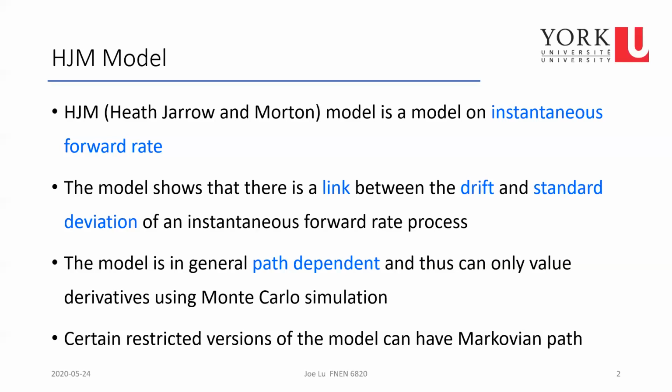So at the end of the day, you can only use Monte Carlo simulation to price a HJM model. Basically, to price interest rate derivative assets where the term structure of instantaneous forward rates follows a typical HJM model.